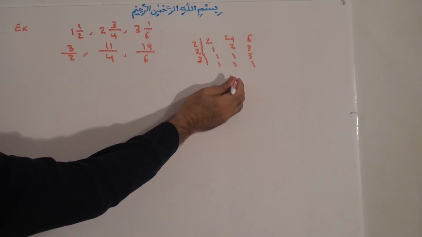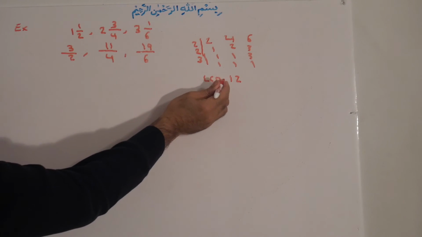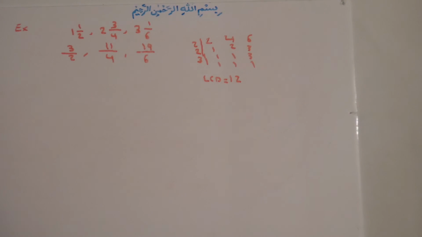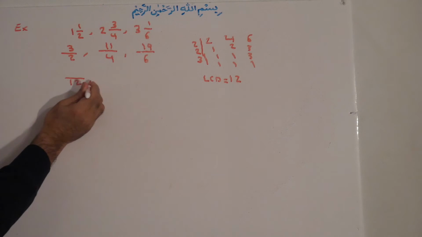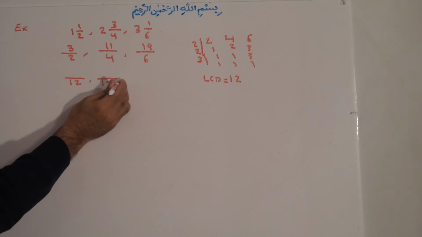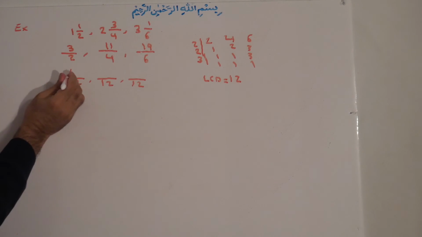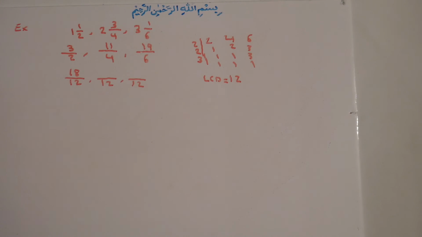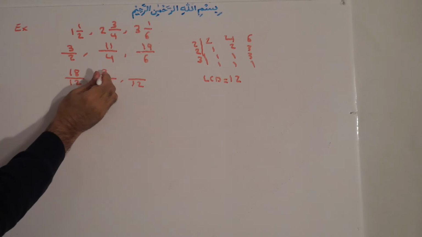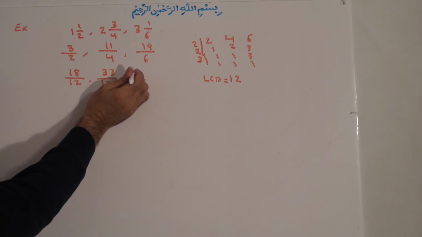We know that the LCD, or lowest common denominator, is 12. Now 12 is the common denominator for all of them. 12 divided by 2 is 6, 6 times 3 is 18. 12 divided by 4 is 3, 3 times 11 is 33. 12 divided by 6 is 2, 2 times 19 is 38.